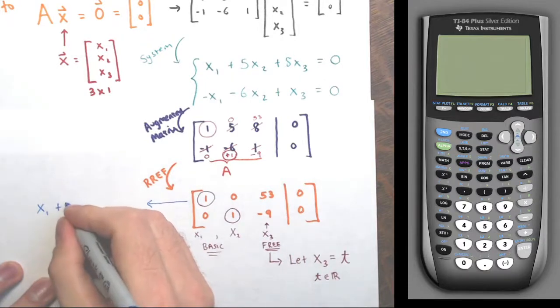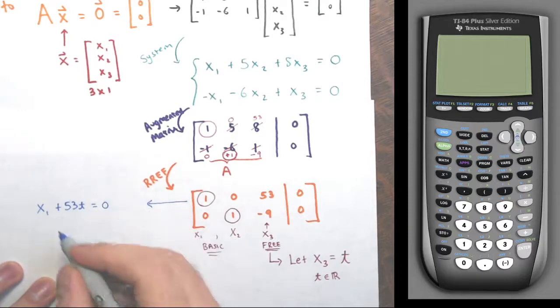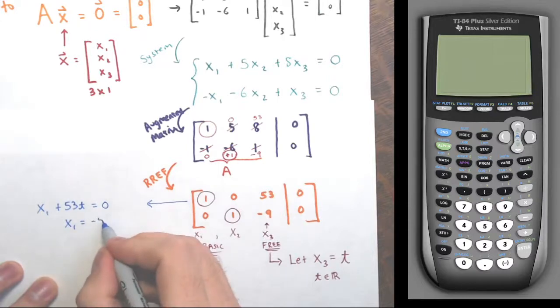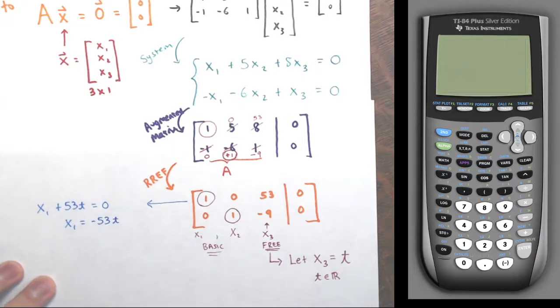So plus 53t should be equal to 0. So the value of x1 in any solution is going to be -53 times my choice of t, right? My choice of the free variable.